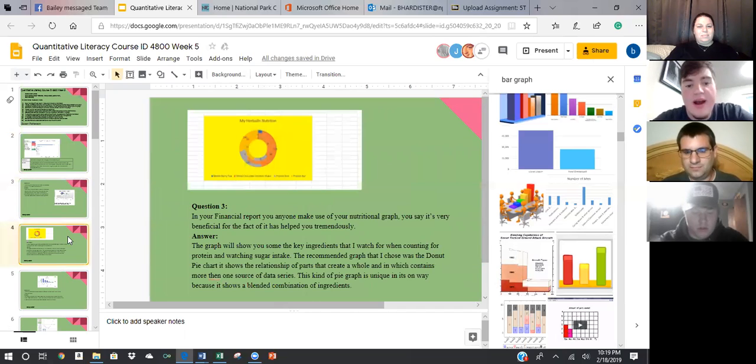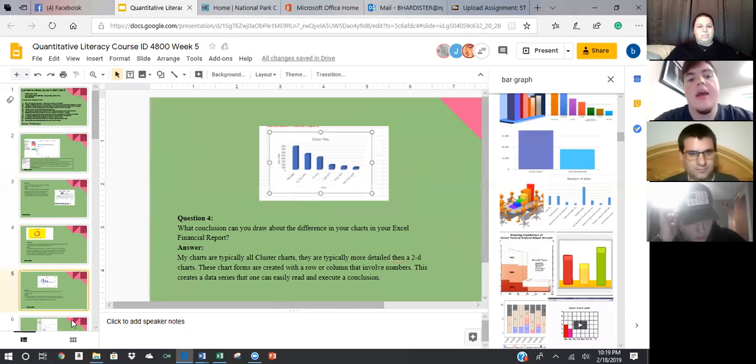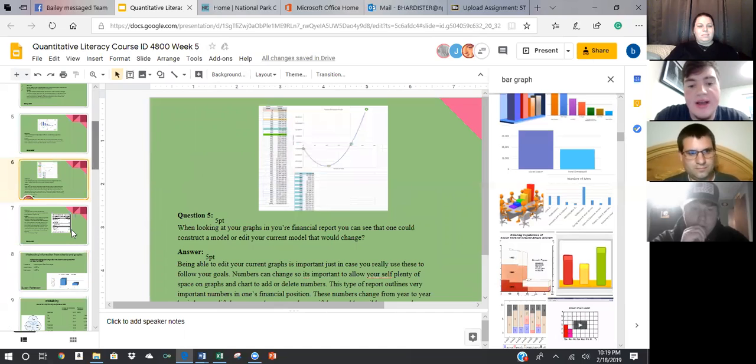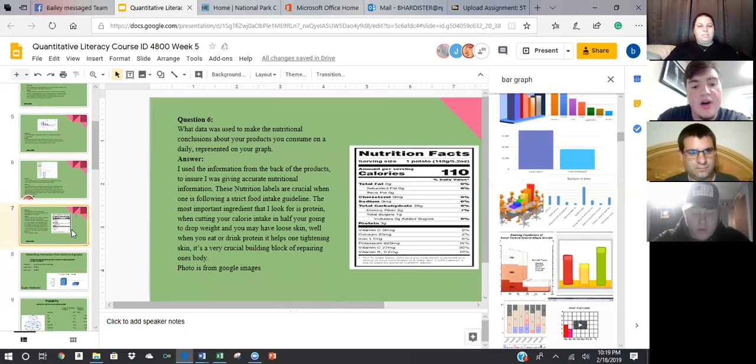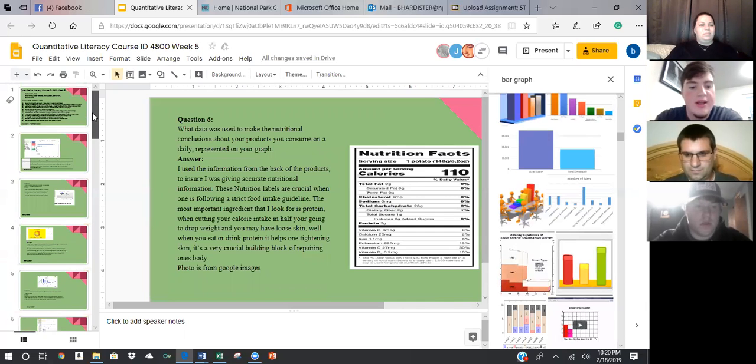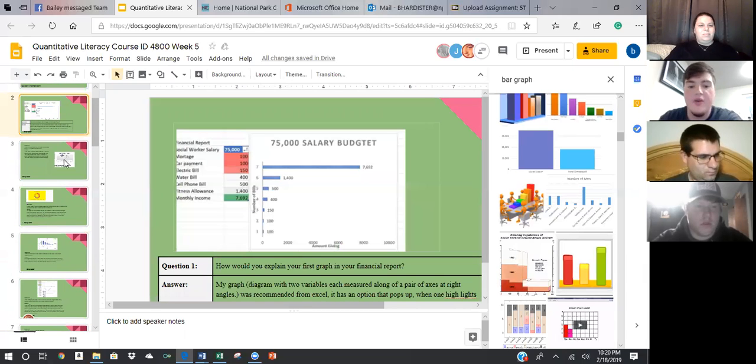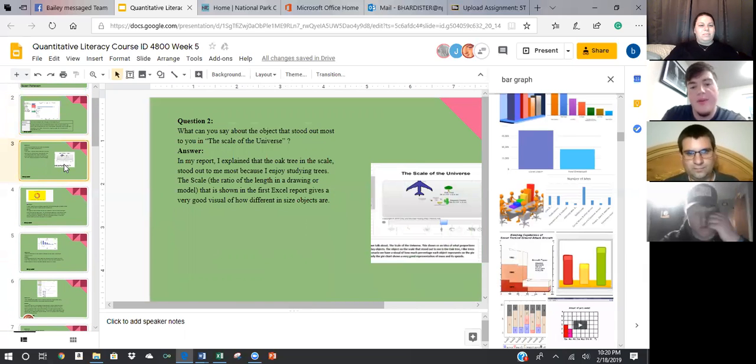As you can see in the graph that I represented, it shows a chart and a graph that shows increasing numbers coming from a negative standpoint. Numbers can change, so it's important to allow yourself plenty of space on graphs and charts to add or delete numbers. This type of report outlines very important numbers in one's financial position. These numbers change from year to year because life happens and one never knows if they could possibly move or change careers that offer more pay.